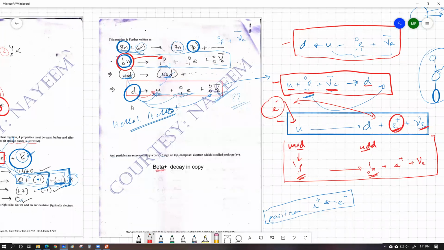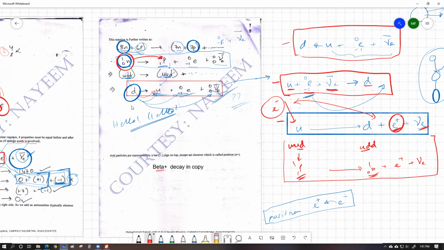Beta plus decay is the opposite of beta minus decay. Full stop.